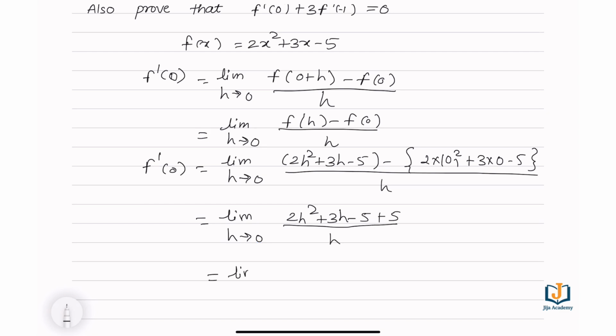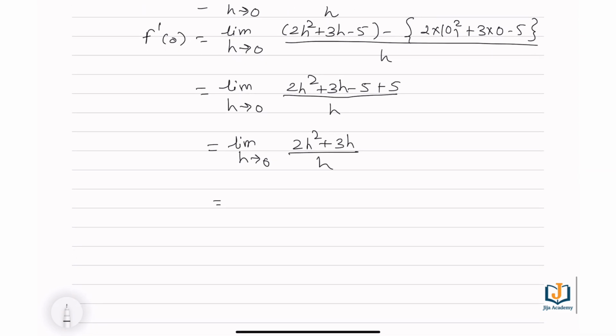So limit h tends to 0 2h square plus 3h upon h. So limit h tends to 0, h is common, so 2h plus 3 divided by h. So we apply limit, so answer is 3. So f dash of 0, derivative at 0 is equal to 3.